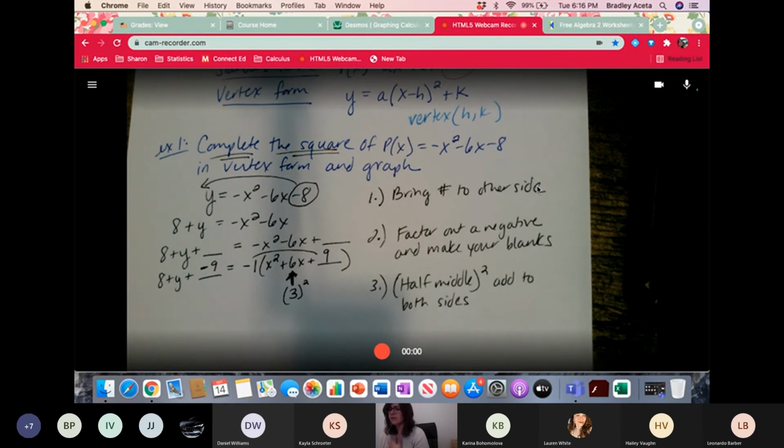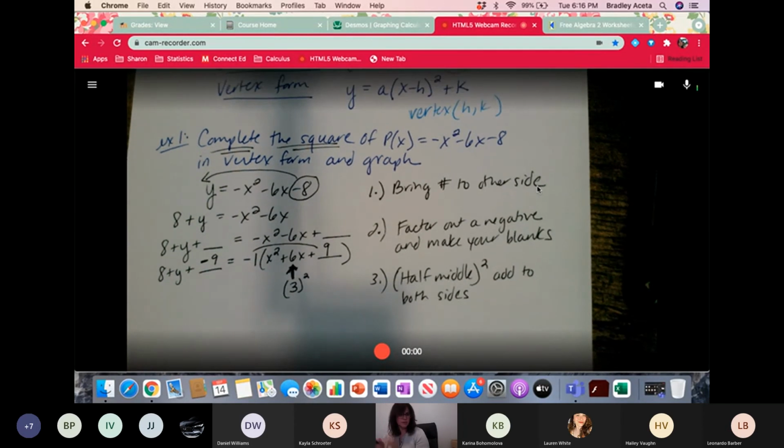Now, you're probably like, this looks like a mess. How is this helping us out? Well, we got to clean it up. It'll get clean, I promise you. We're working side to side, but the trick is half the middle squared. That's how you complete the square. Now, x squared plus 6x plus 9 can be written as x plus 3 squared, because x plus 3 times x plus 3 is x squared plus 6x plus 9.